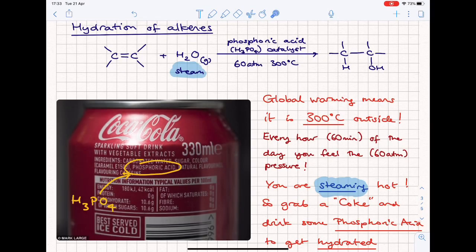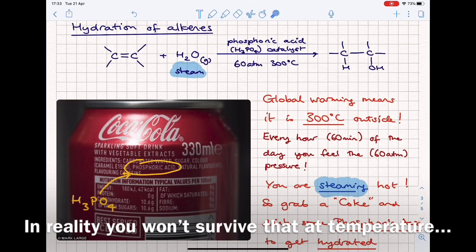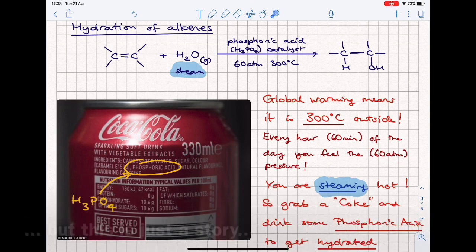So here's maybe one way of remembering all the conditions for hydration of alkenes. Imagine in a few decades' time, global warming has heated up the earth so high that it's 300 degrees outside, and every hour of the day you're going to feel that pressure of 60 atmosphere pressure, and so that heat's going to cause you to steam and produce lots of steam.